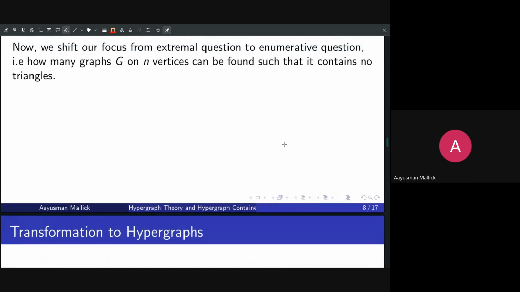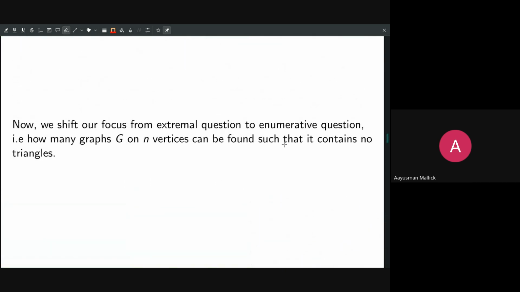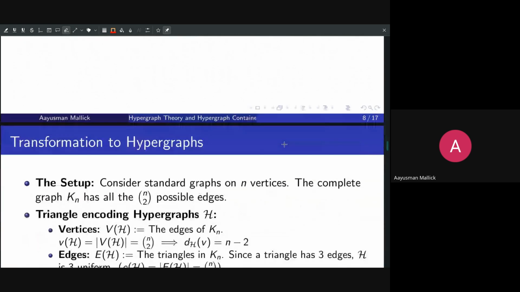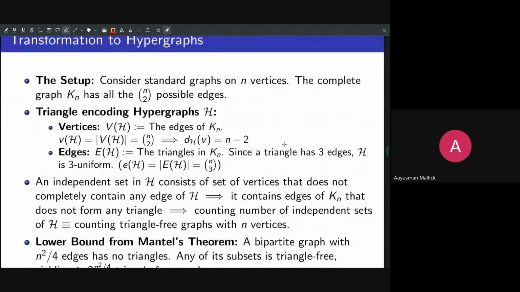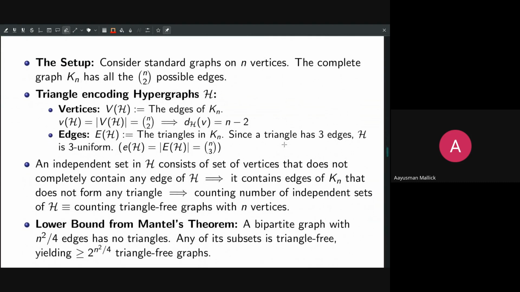Now, here is where hypergraph theory, or what we would conclude today as hypergraph containers, would come to help. For counting triangle-free graphs on n vertices, we consider the graphs.